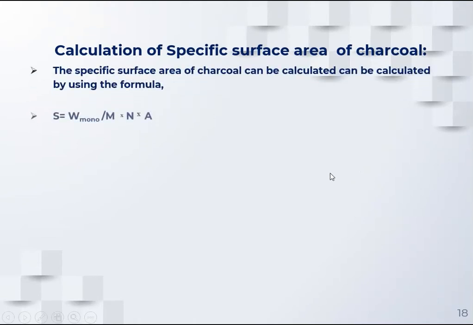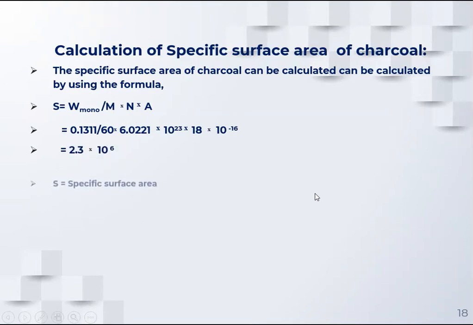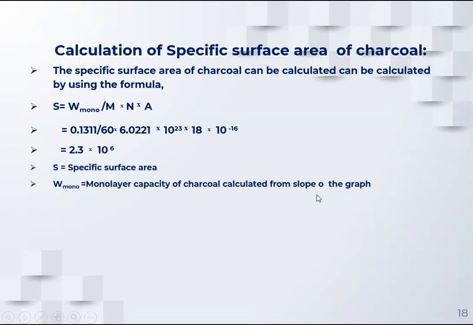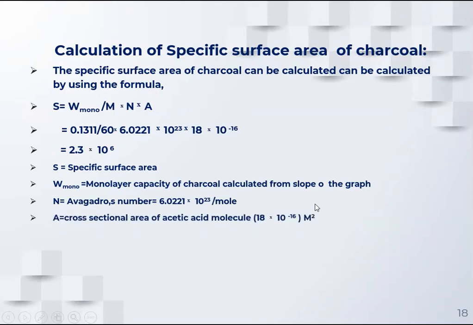Then the calculation of specific surface area of charcoal. This is calculated by using the formula S, the surface area of charcoal, is equal to W mono, that is monolayer capacity, divided by M into N into A. Here S is the specific surface area, W mono is the monolayer capacity of charcoal, and N is Avogadro's number, 6.0221 into 10 raised to 23 per mole.